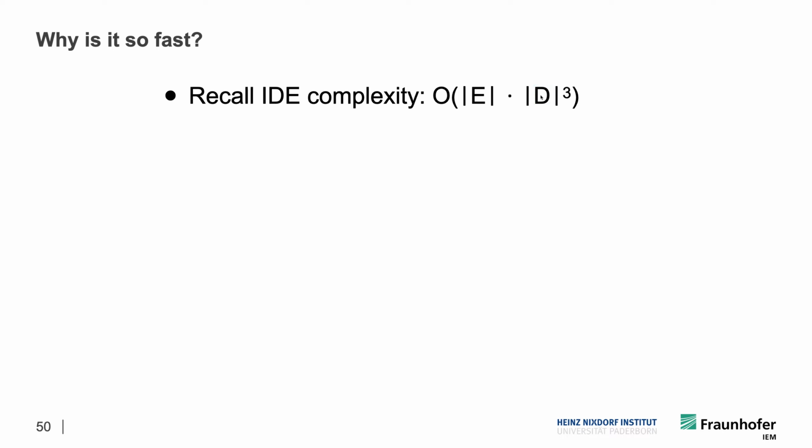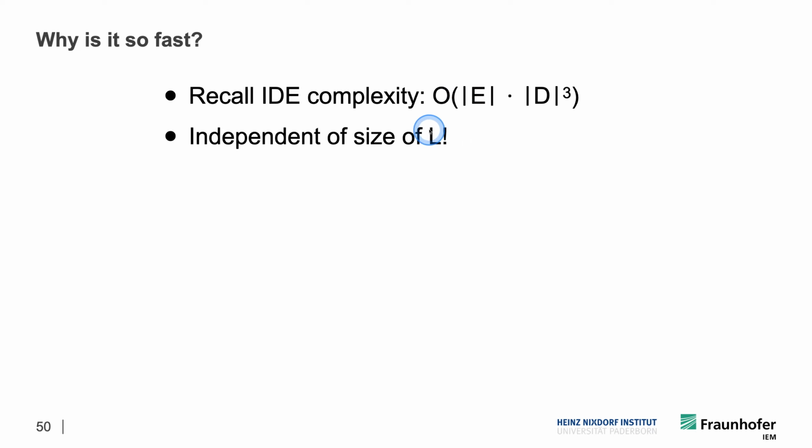But importantly, in IDE, this is not your entire domain. In IDE, D is only the part of the domain that relates to your supergraph nodes. And this constraint is independent of the size of L, which is the lattice that you are using to compute the jump functions, or edge functions. So this does not at all show up here.